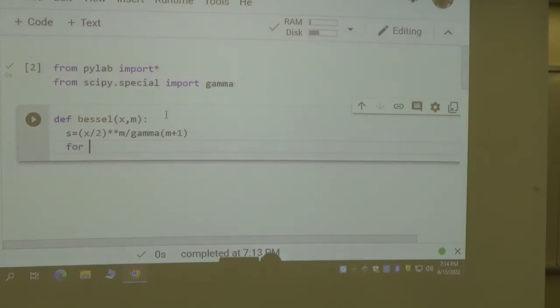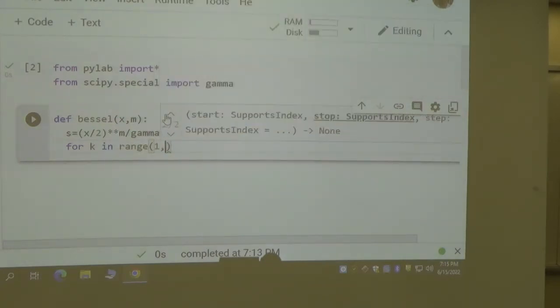everything. So for k in range, let's start from 1 until, we can't do infinity, let's just do 50 and see. If it works, it works, and it's good. If not, we'll have to work on something, okay?